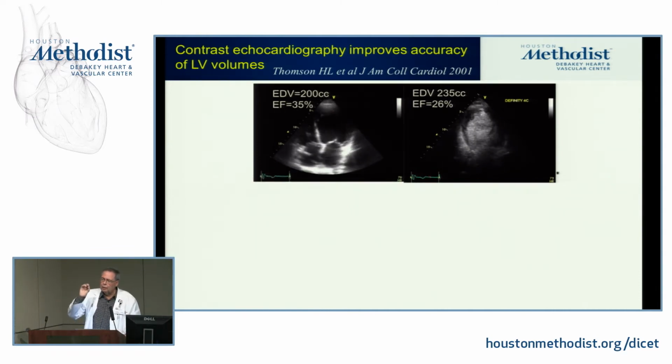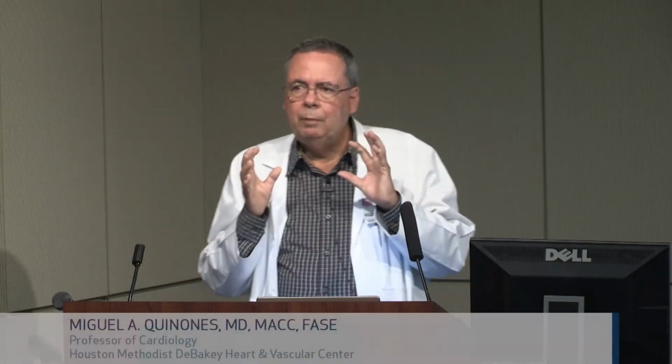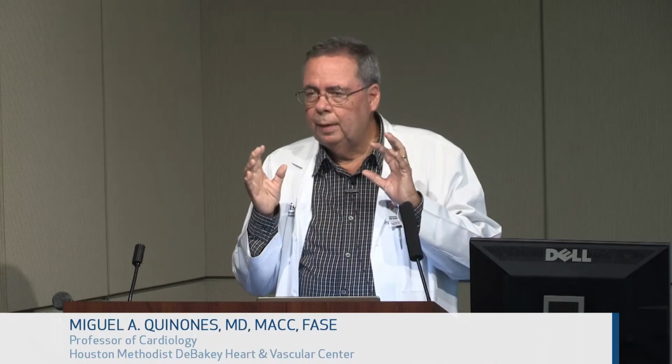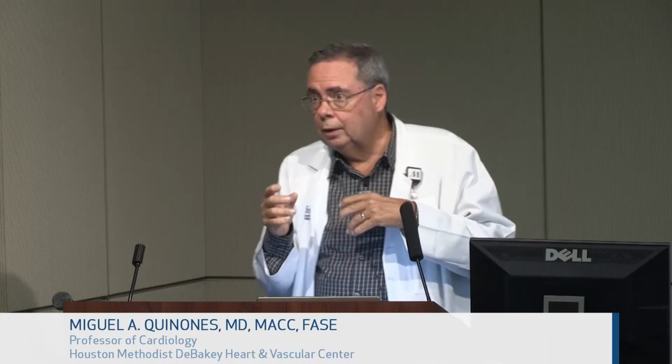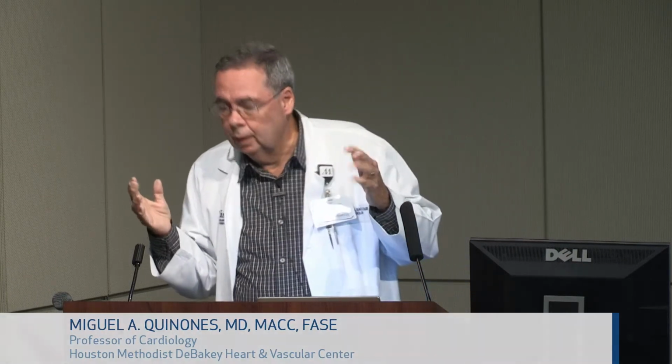And in fact, if you look at all the studies comparing traditional 2D echo volumes with either CMR or CT, the tendency is for the 2D volumes to be smaller, for us to underestimate the size of the heart. So there are minor levels of foreshortening that even our eye cannot appreciate because they're not that prominent. And of course, they will be more noticeable in a big heart where you may have a volume of 300, but you ended up only calculating 190.